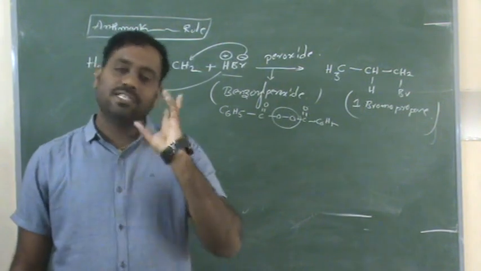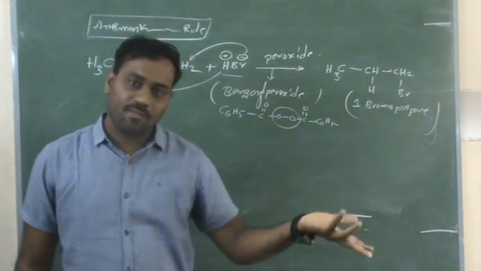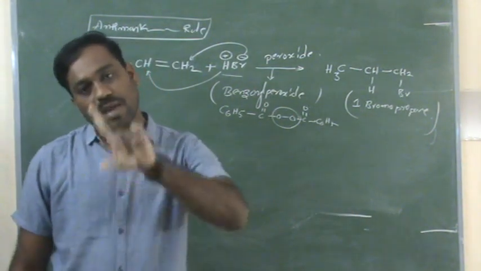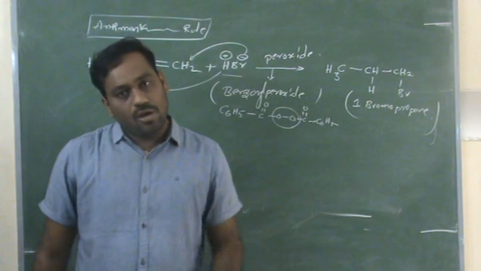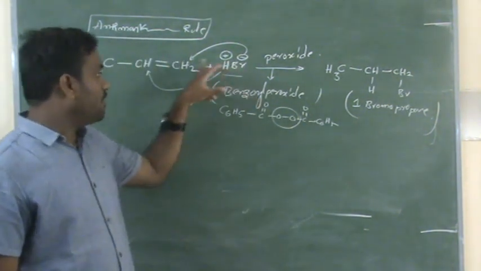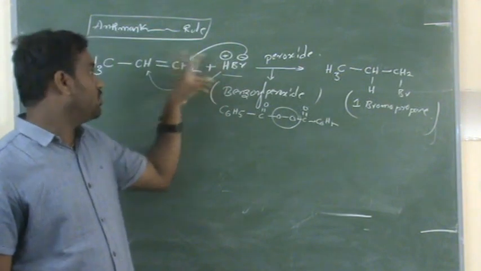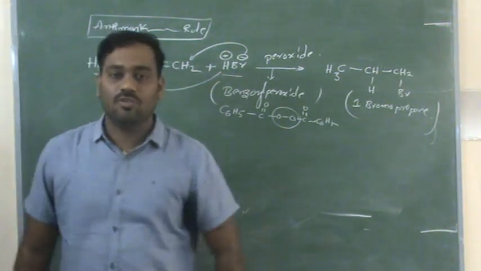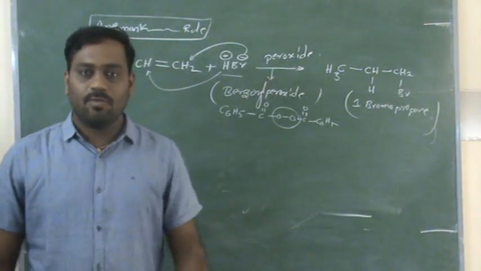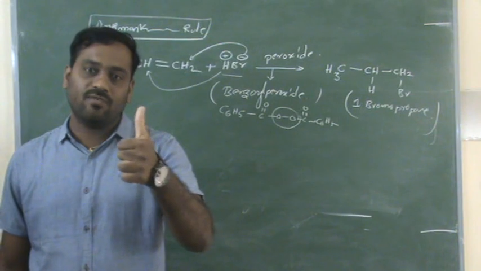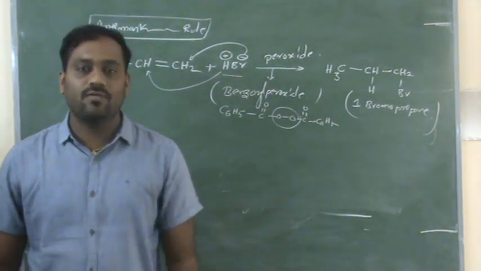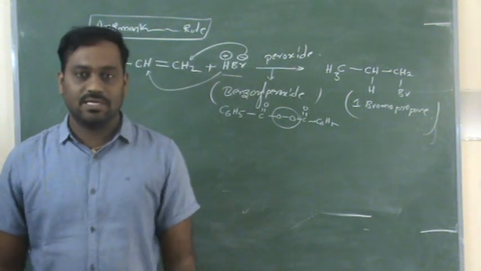That's why, for carbocation, the tertiary carbocation is more stable. But when you come to the free radical, the primary free radical is more stable. Due to that reason, the negative part attacks here and the positive part attacks there. You can go to the first PUC alkenes chapter, where you will get the mechanism properly. Keep in mind, in anti-Markovnikov rule, a free radical is the intermediate. In Markovnikov rule, a carbocation is the intermediate. Okay.